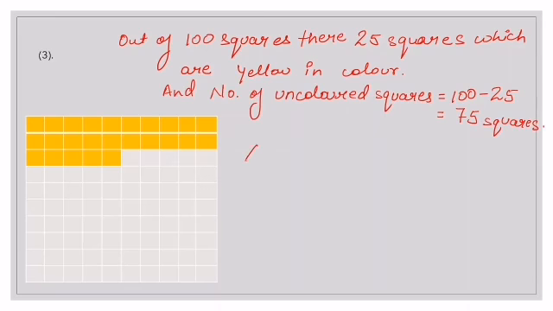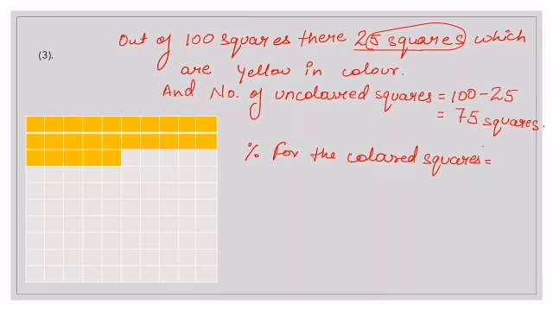Okay, now percentage for the colored squares. So how many squares are there which are colored? There are 25 squares which are colored out of 100. So its percentage will be 25%.